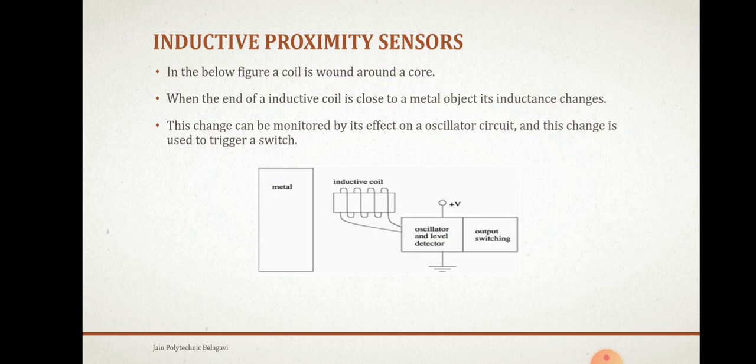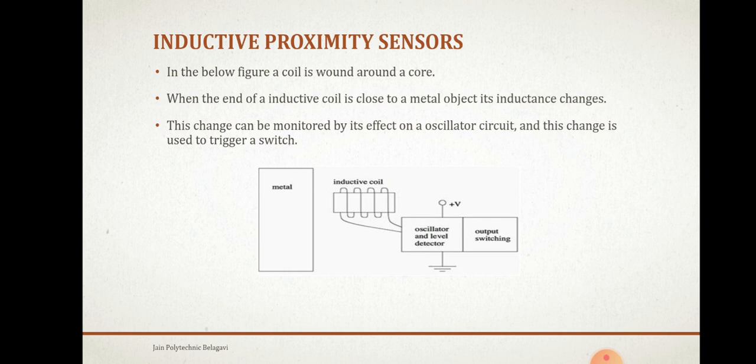The next one, inductive proximity sensor. Here you can see the diagram. The coil is wound around a core, and that is called an inductive coil. When the end of the inductive coil is close to a metal object, its inductance will change. So when this inductive coil is close to the metal object, the inductance changes as the distance to the metal changes.